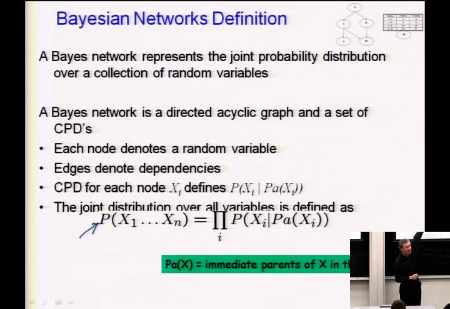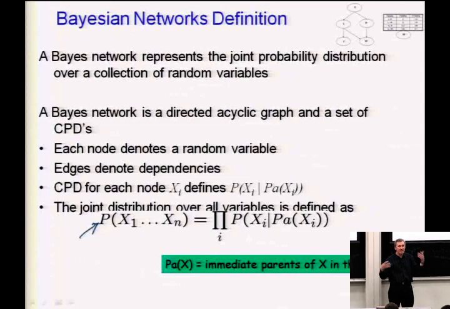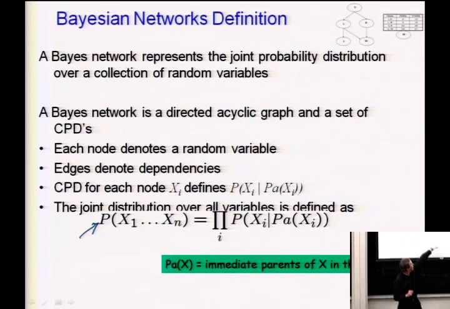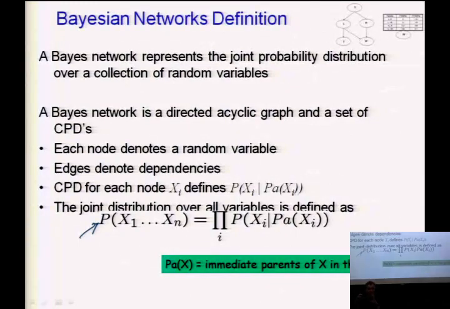What the Bayes net tells us is that instead of that tedious, complete, complex 2 to the n representation of the joint distribution, we can represent it instead as the product of some simpler distributions.